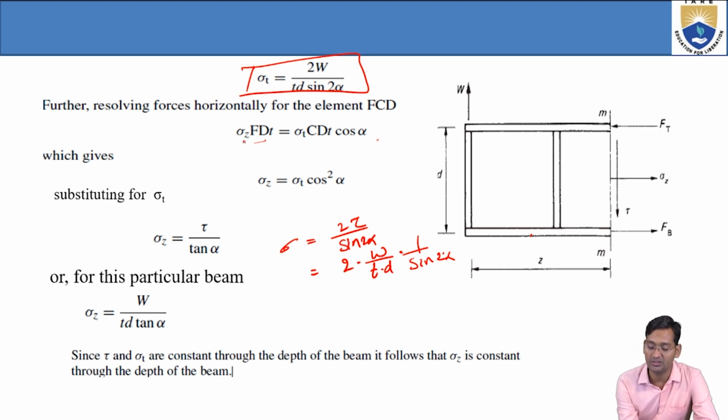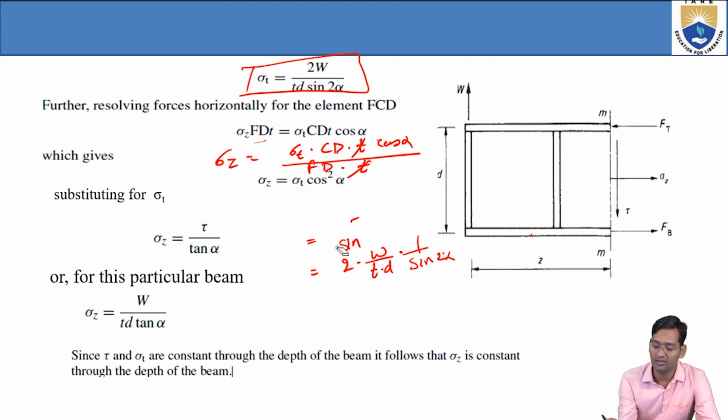Same way, just this time we have to find sigma Z. So sigma Z equals sigma T into CD into T cos alpha by FD into T. T cancels. So what is left?